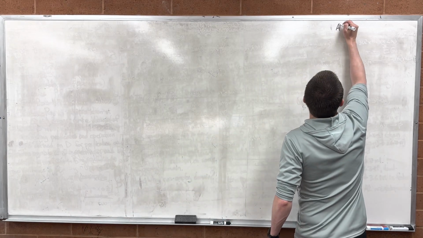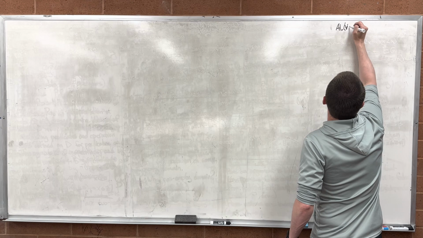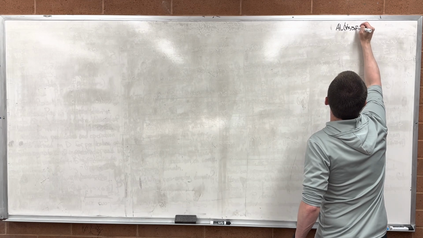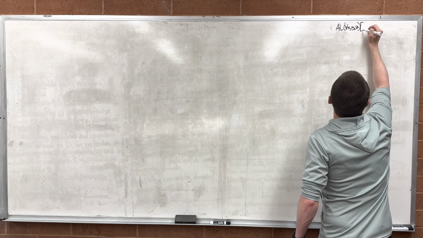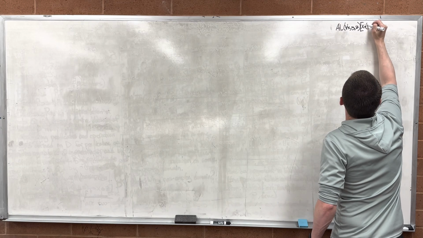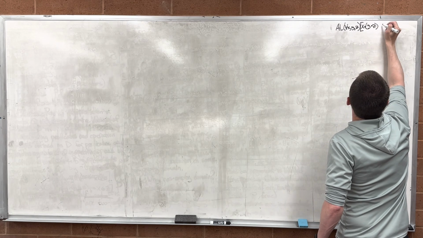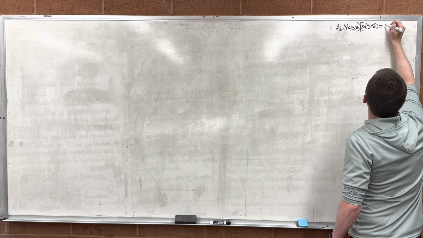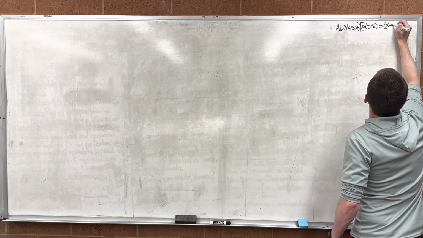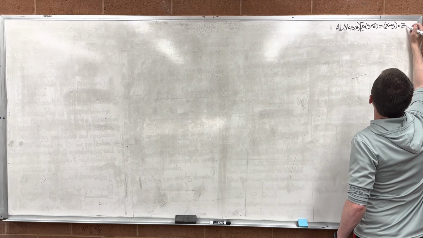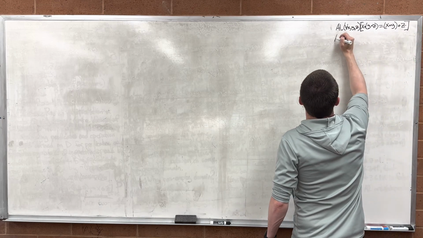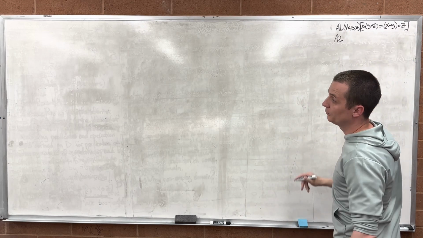So A1 was for all x, y, and z, x compose y compose z is equal to x compose y compose z. Our second axiom was this one with the identity.